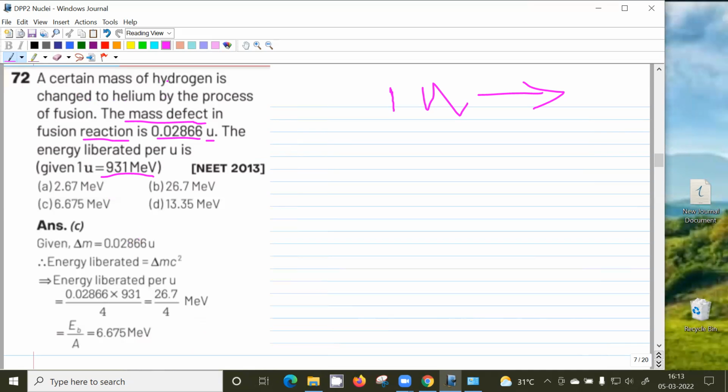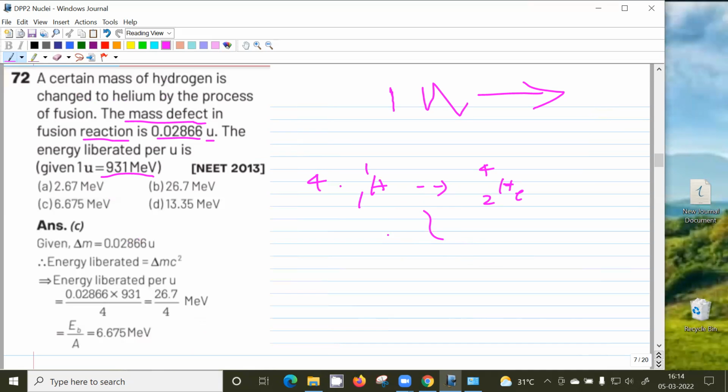Here hydrogen is getting fused to helium, right? So hydrogen is 1, 1 and helium is 2, 4. So basically 4 hydrogen should combine. So this is the total energy of this reaction.